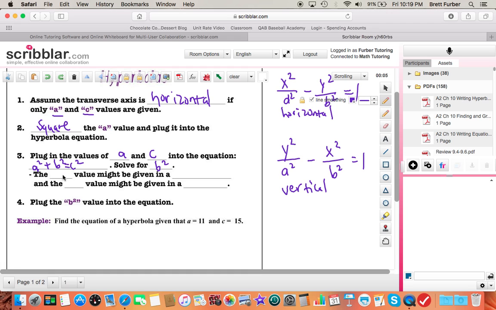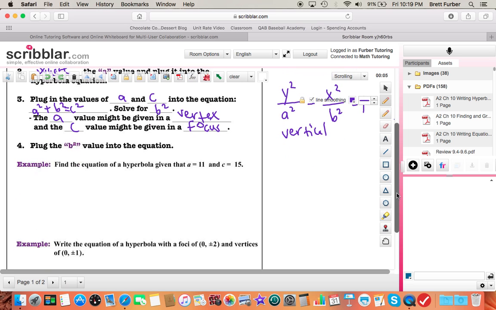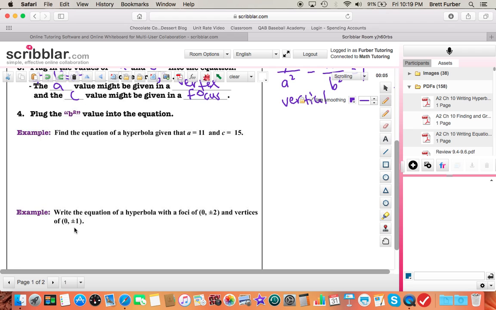It is possible, though, that the a value is going to be given to us in a vertex, and the c value might be given in a focus point, foci. Remember that the vertices are always an a value and the foci are always a c value.